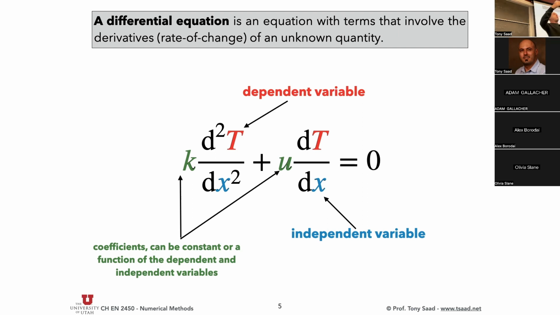Then you have drywall, then you have air. So you could have a spatially changing heat transfer coefficient, which is going to depend on x, on location. But that heat transfer coefficient also usually depends on temperature. The more heat there is, the lower the heat transfer coefficient, or the higher, depending on the material. So you could have those cases as well.